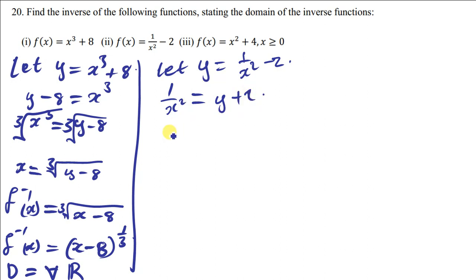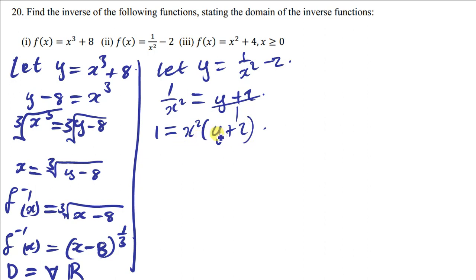When I cross multiply, I'm going to have 1 is equal to x squared open brackets y plus 2.